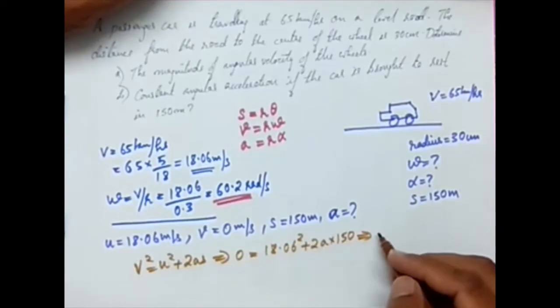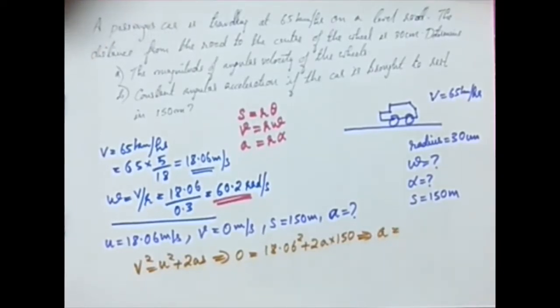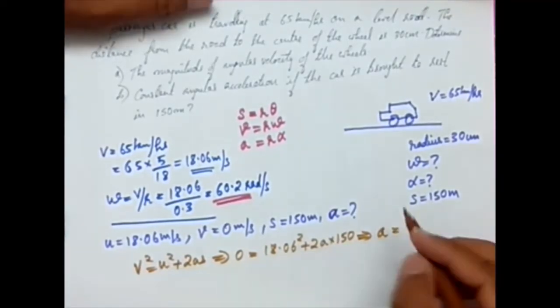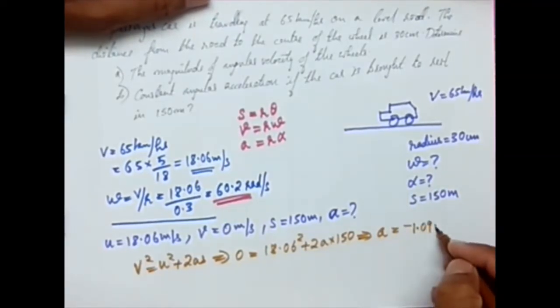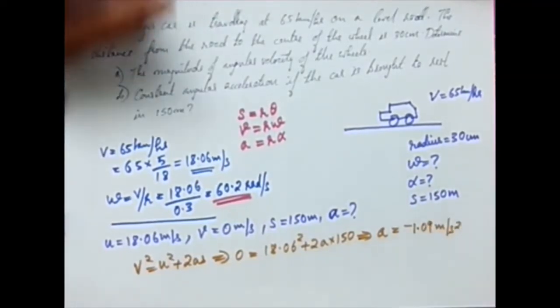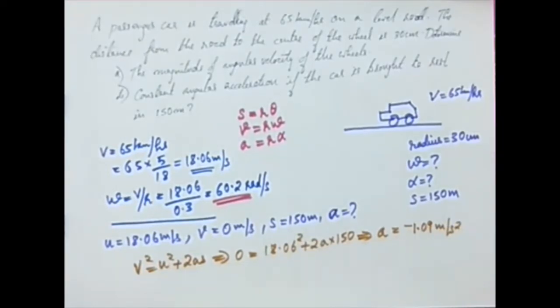On solving this, I will get the value of a as minus 1.09 meter per second square. Why is it minus? Because it is retardation. It was traveling at this particular speed and came to rest, which means the brakes were applied and it is retarding, hence the acceleration is negative.